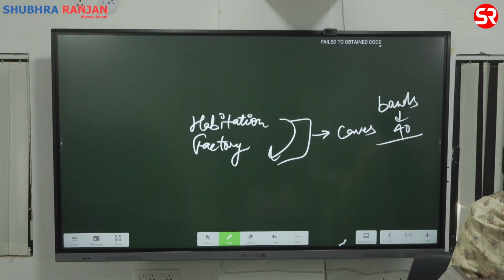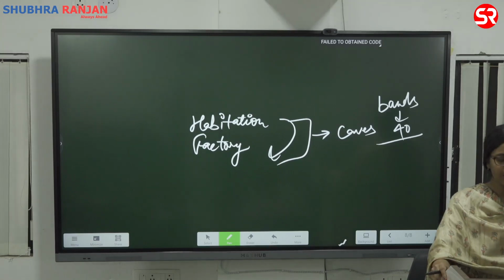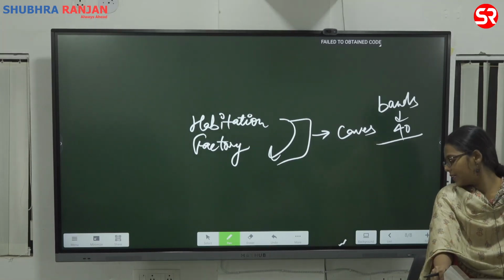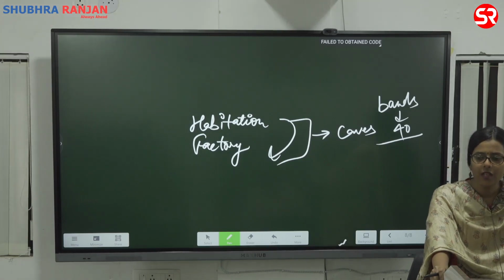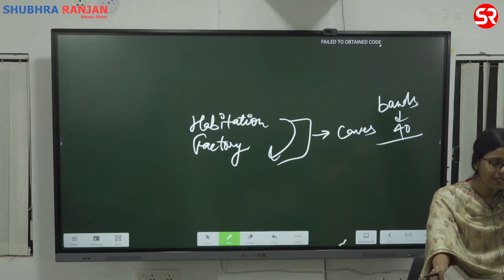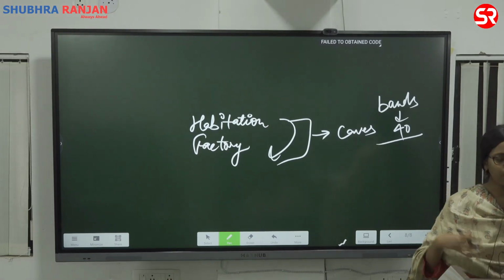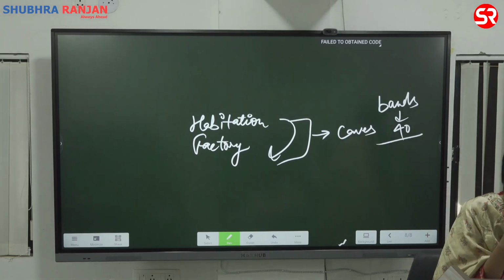Full stop. This was an egalitarian society where people were making collective decisions. So the polity is collective decision making.